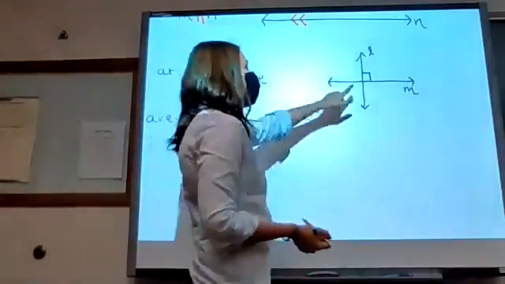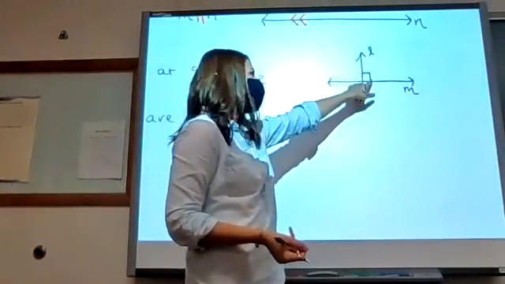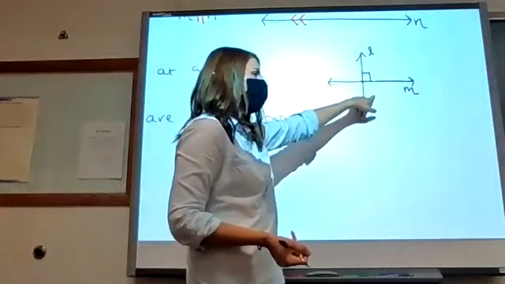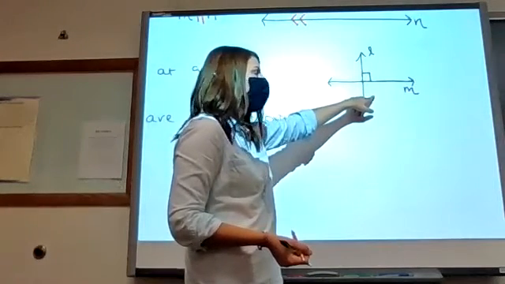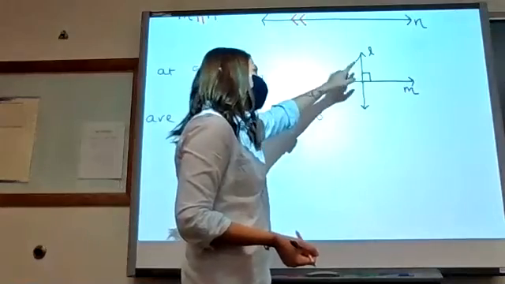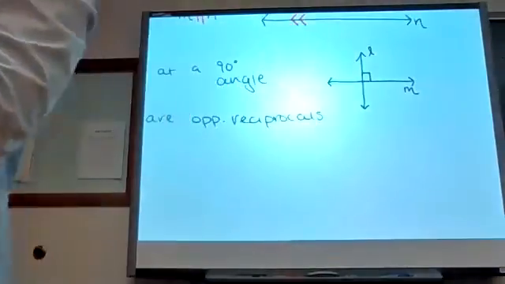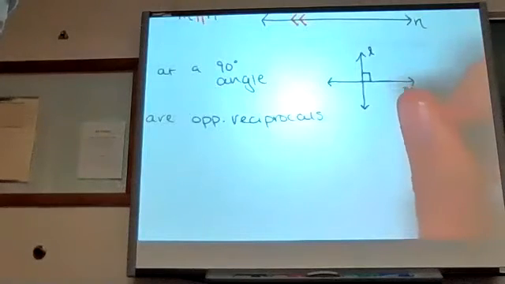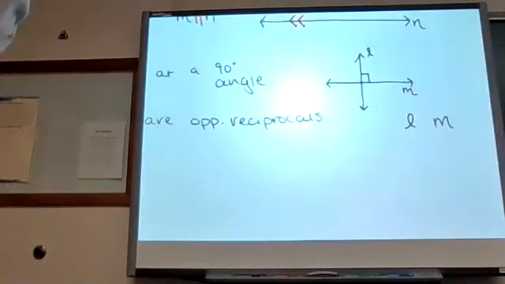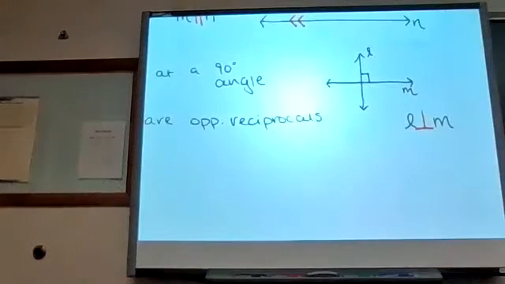And by the way, if this is a right angle, then all of these angles are right angles. Okay, so identifying one tells me all of these are perpendicular all the way around. Okay, so we can't look at it and assume it's a 90-degree angle, but if it shows a 90-degree angle, then they're perpendicular. Or if it gives us this information, that L and M are perpendicular. Okay, that's the notation for the perpendicular line.